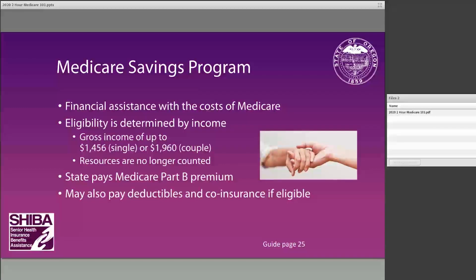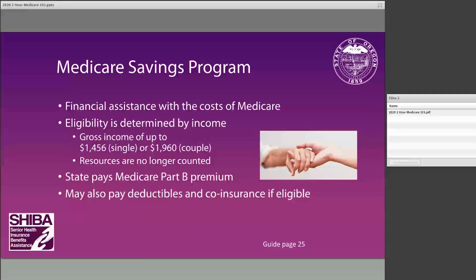We used to count savings accounts and other assets like vacation homes or property. And so in 2016, the state of Oregon said, no, we're not going to count those assets or resources anymore. So we had a lot of folks who maybe got turned away prior to 2016 and they never came back.